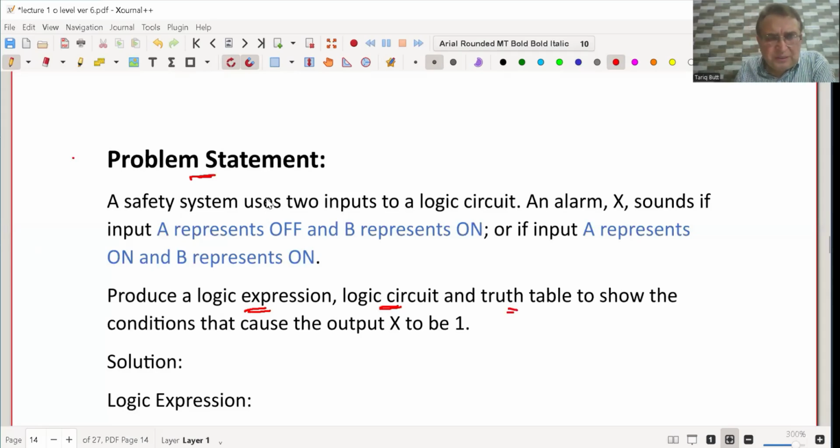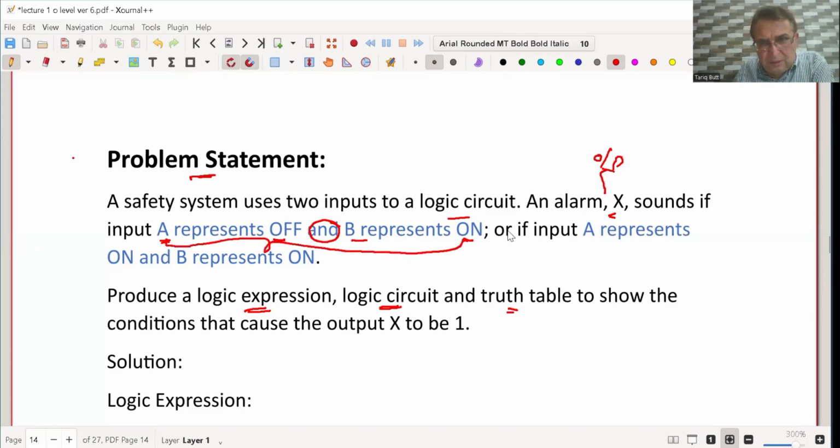So let's read this statement. It is said that a safety system uses two inputs to a logic circuit: an alarm X, which is output, sounds if input A represents off and B represents on.